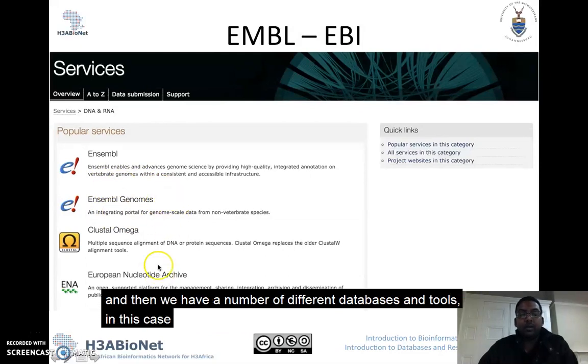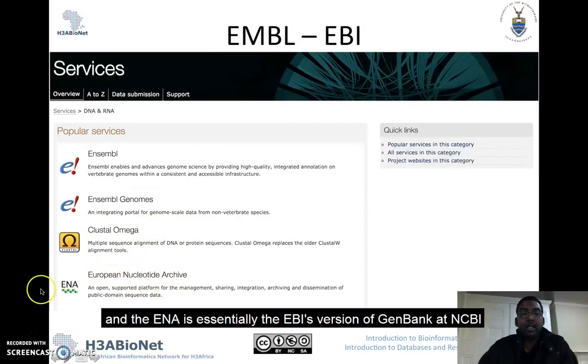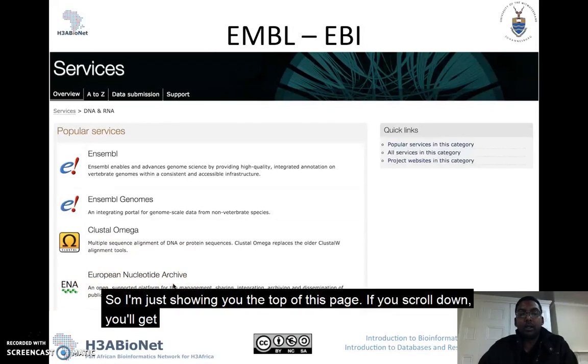And then we have a number of different databases and tools. In this case, Clustal Omega is a particular tool that's used to generate multiple sequence alignments for DNA sequences. And the ENA is essentially the EBI's version of GenBank at NCBI.